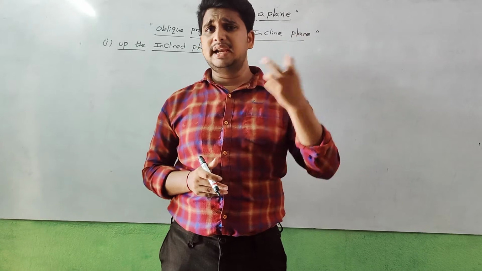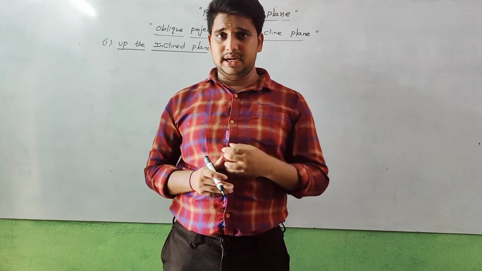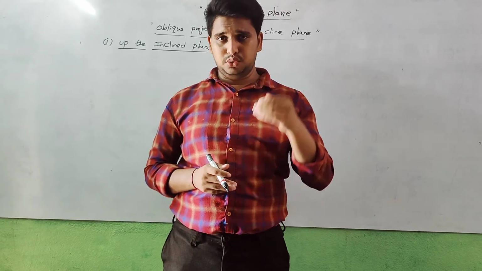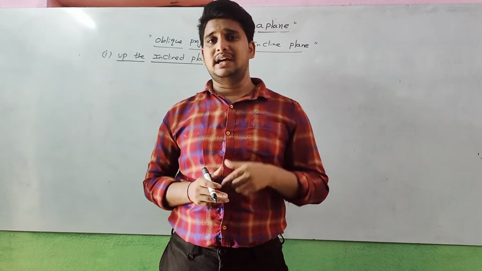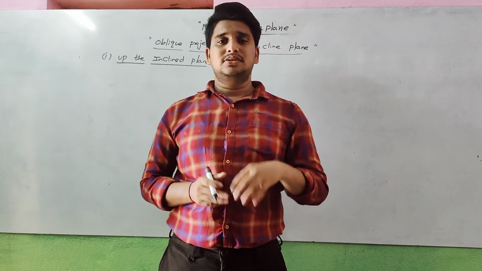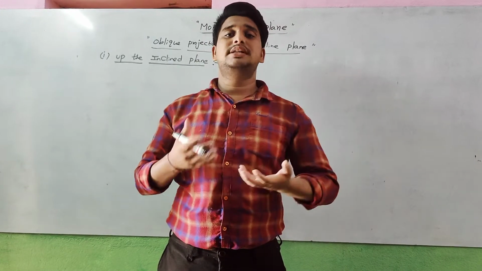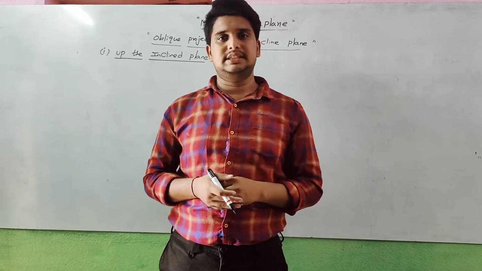In up the inclined plane we discussed the horizontal component ux value u cos theta and uy value u sin theta, and ax value minus g sin alpha, ay value minus g cos alpha. How we got minus and how it resolves into two components, I discussed in the last lecture.